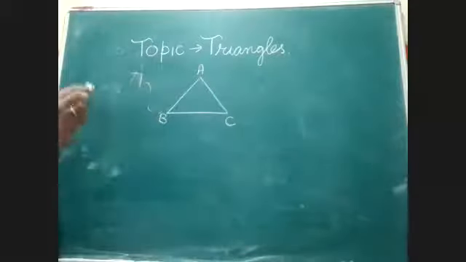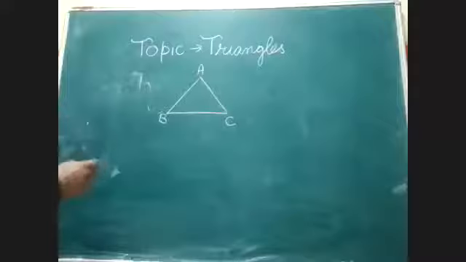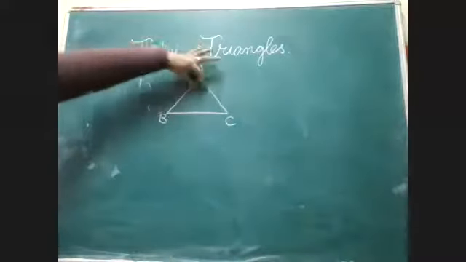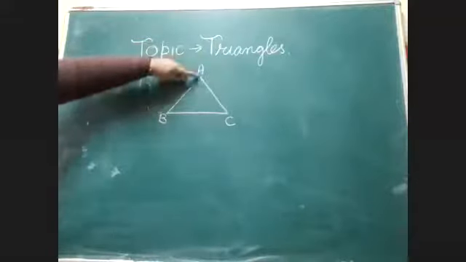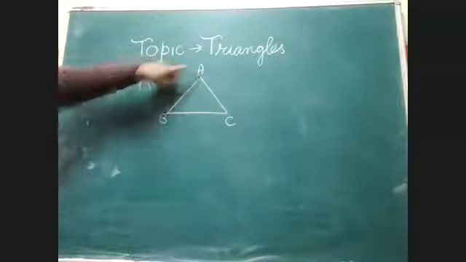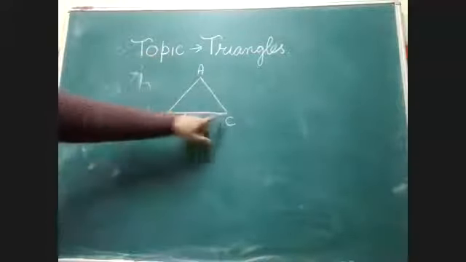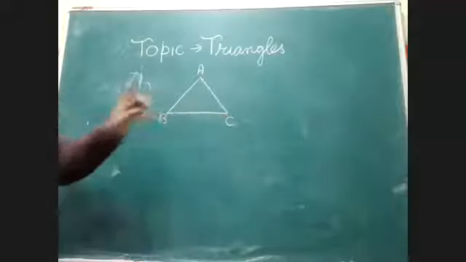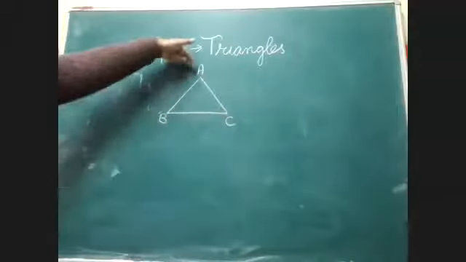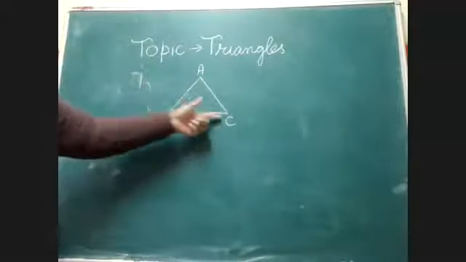These are the 3 sides of this triangle. Now vertex. What is a vertex? The point where two line segments meet. This is point A. The 3 vertices are A, B, and C.